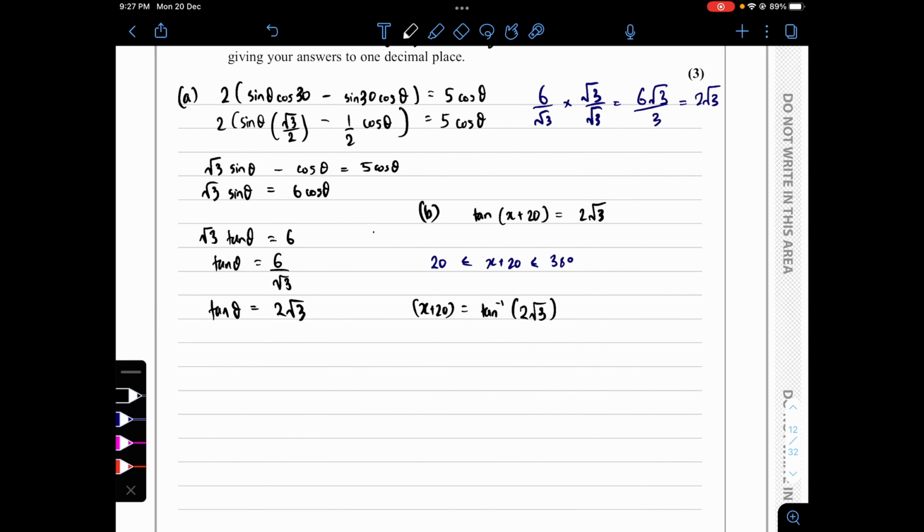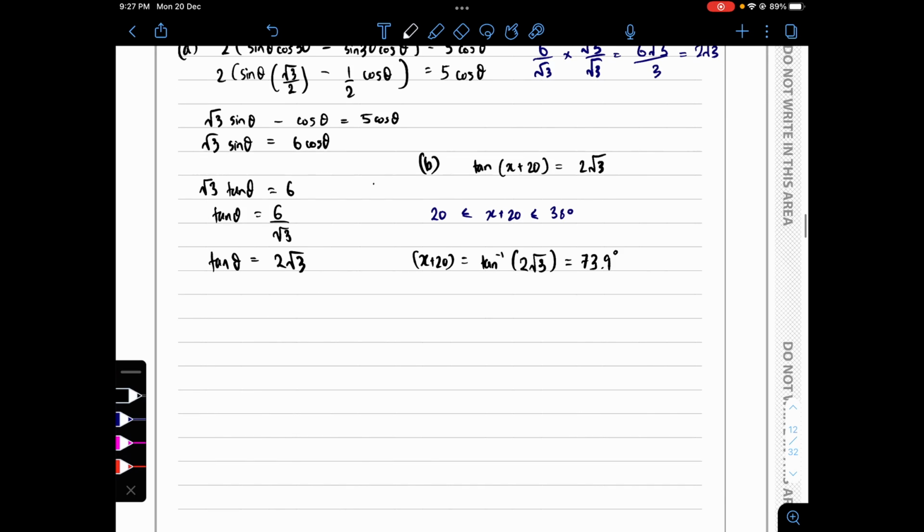And what do we get when we do tan inverse of 2 root 3? We get 73.9. And is that the only solution? I don't think so. Let's find out. So let's draw the CAST diagram. This always helps. So this is CAST: C, A, S, and T. Our 73.9 is around here. So this is our 73.9 degrees.